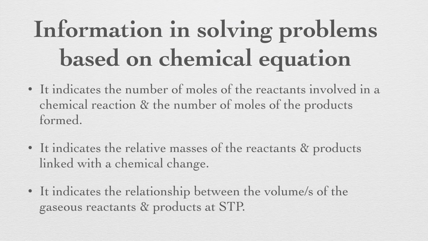For example, 2H2 plus O2 will give 2H2O. That means 2 moles of hydrogen react with 1 mole of oxygen to give 2 moles of water. So this ratio is very important. These coefficients will help us to do the calculations and solve the problems.